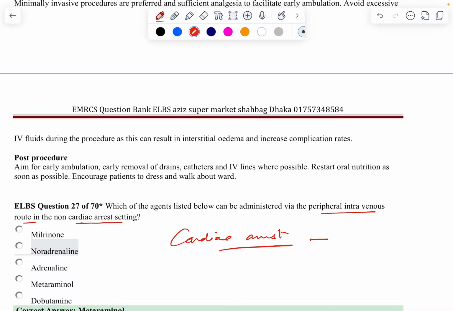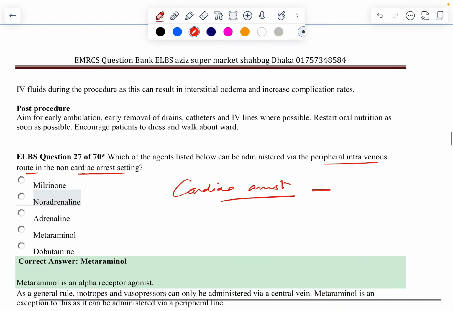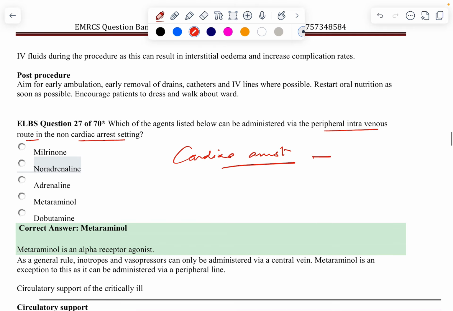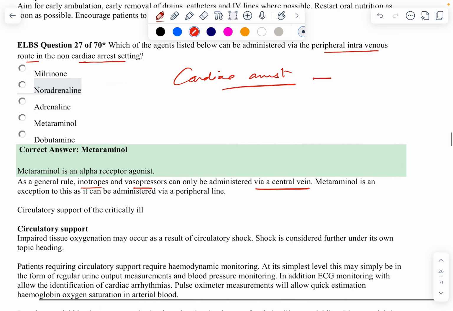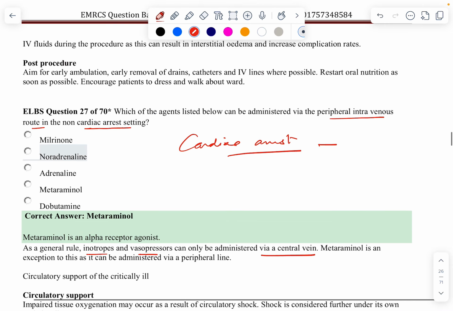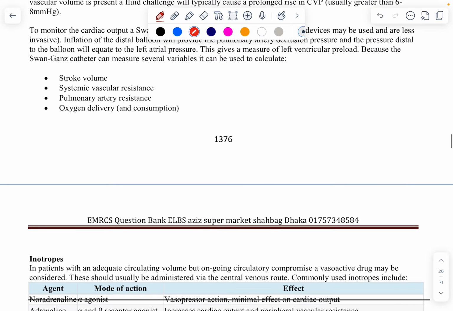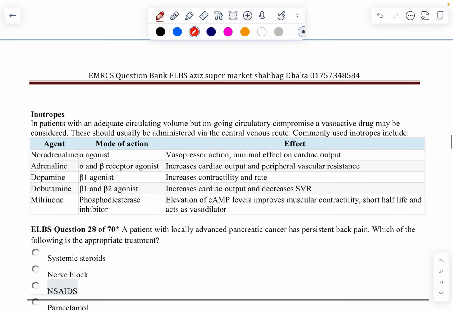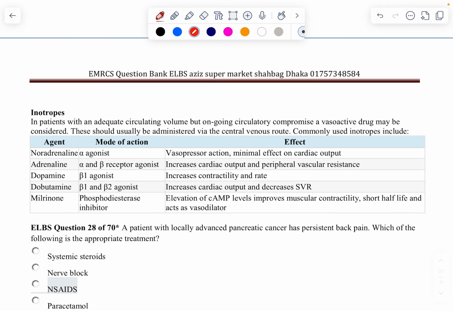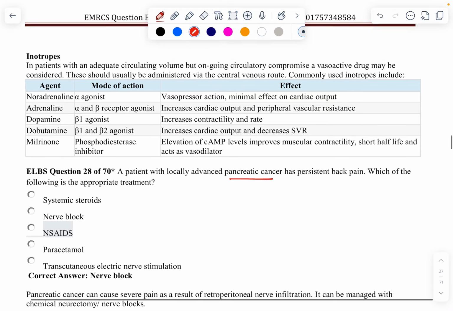It is milrinone or metaraminol, an alpha receptor agonist. Generally, inotropes and vasopressors are administered via central vein. Metaraminol is the exception. A patient with locally advanced pancreatic cancer and persistent back pain: you have to go for a nerve block.